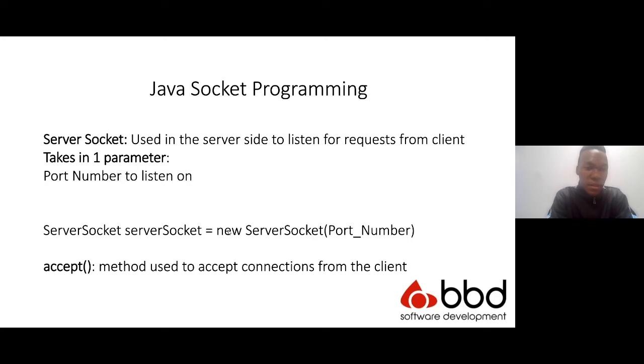When the server socket accepts the request for connection from the client, it uses an accept method. This accept method is used to accept connections from the client. And once the client has successfully connected to the server, we say that the client is connected to the server.